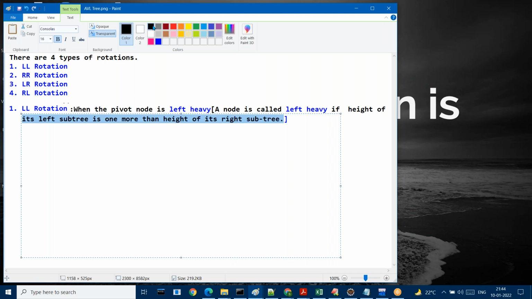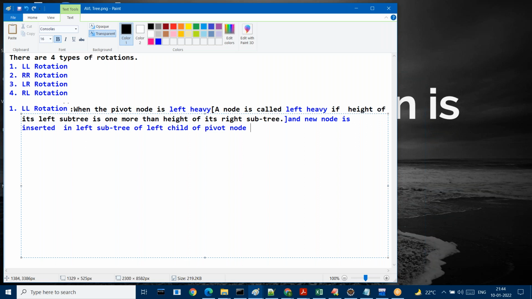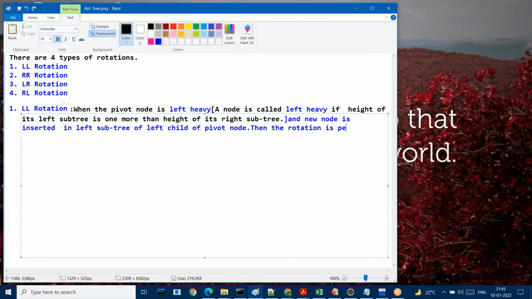So if a node is left heavy and a new node is inserted in the left subtree of the left child of the pivot node, then the rotation performed is left to left.